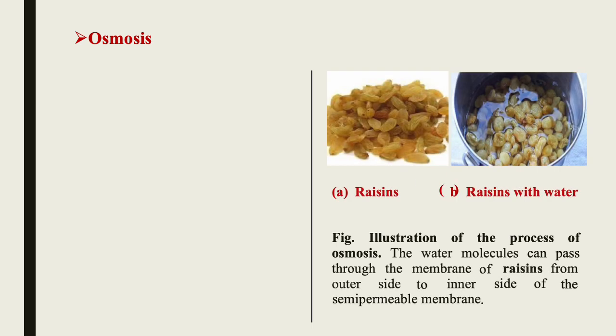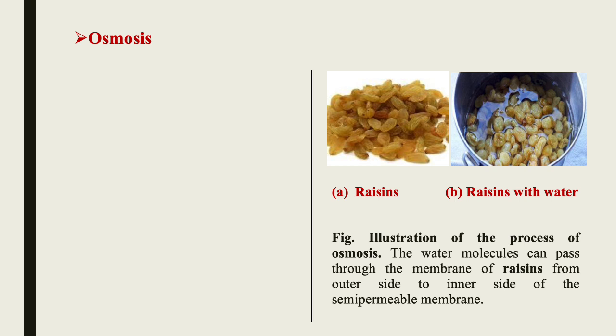So let us see some examples of osmosis. On the right hand side you can see raisins, which we generally eat in the morning. In the dried form the raisin is shrunken, so inside it has less water.